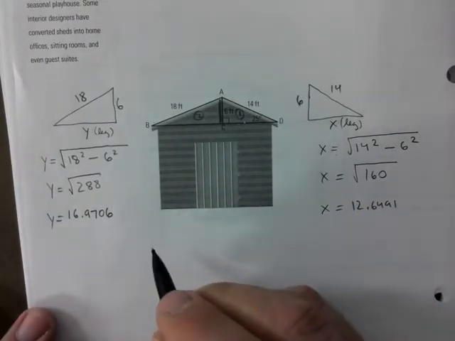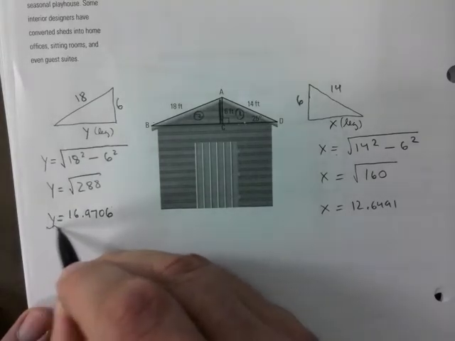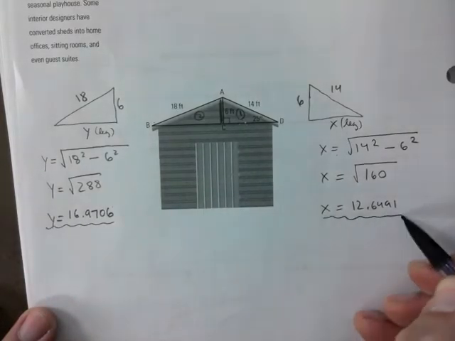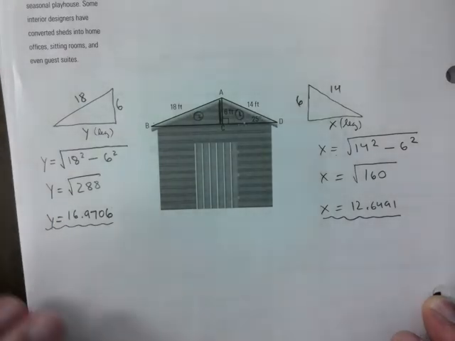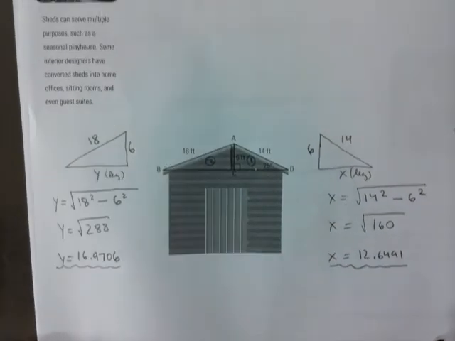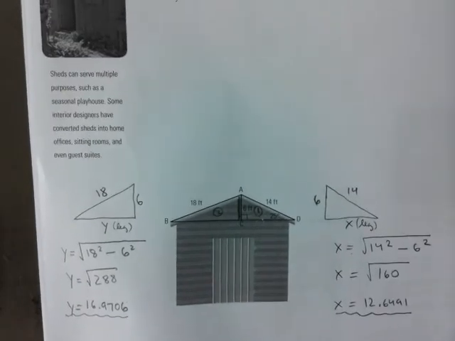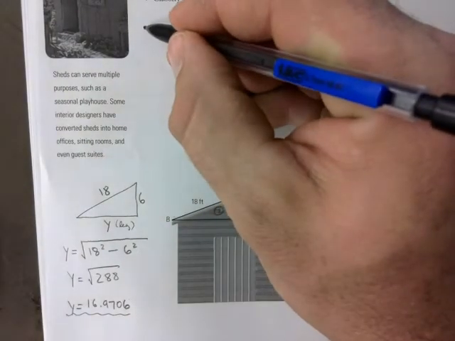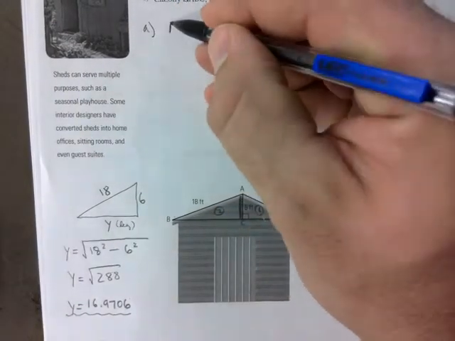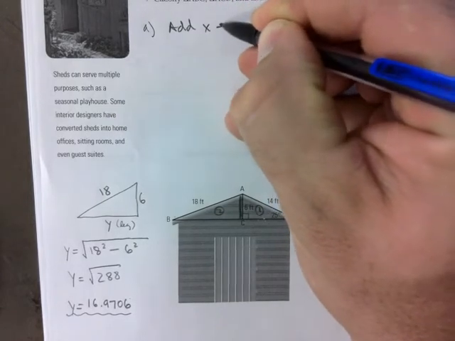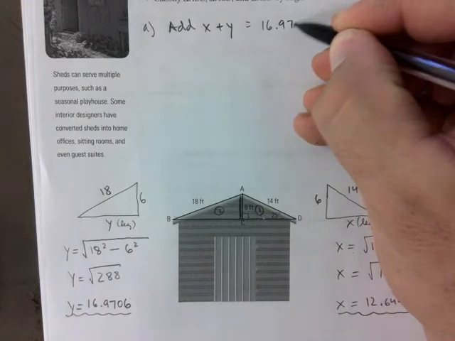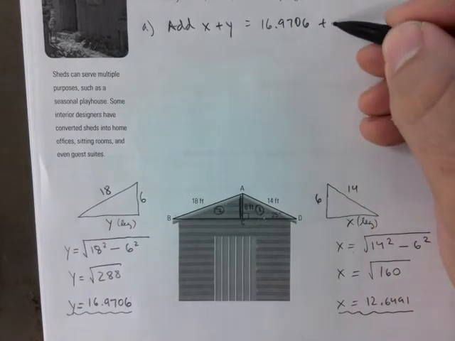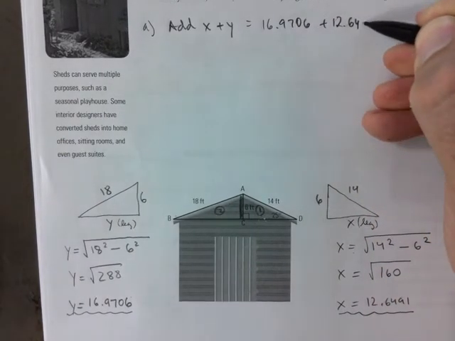So now I want to underline this, underline that, like this. And we're going to go up there and answer A. We're going to go up to where the worded part is. So write down A, add X plus Y, right? So we're going to go 16.9706 plus 12.6491.